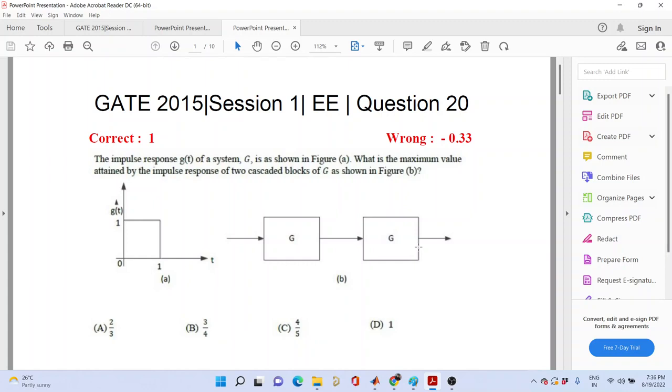What would the impulse response look like? No, the convolution of this unit step and another unit step. It would look like a triangular function, for 0 to 2, and the peak occurs at 1. Correct, absolutely.